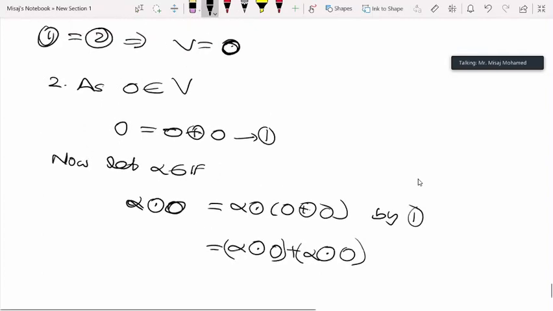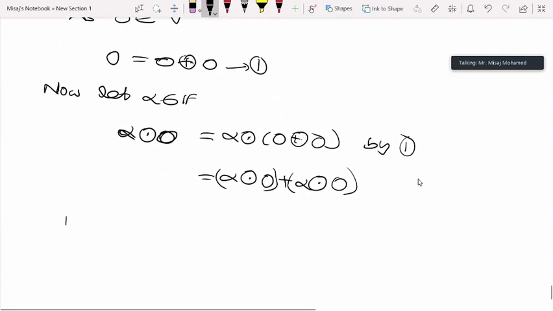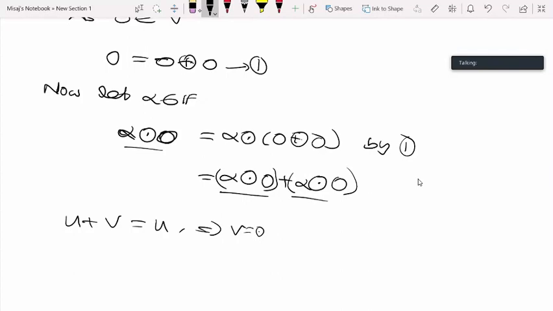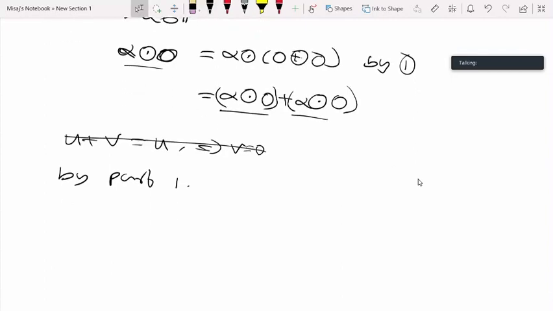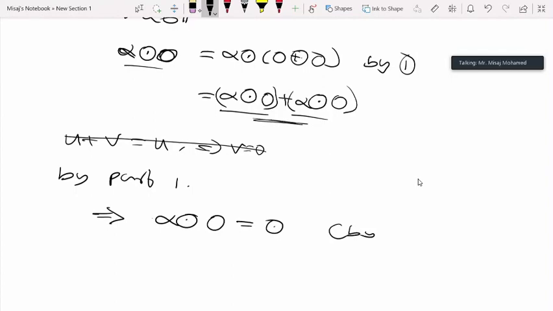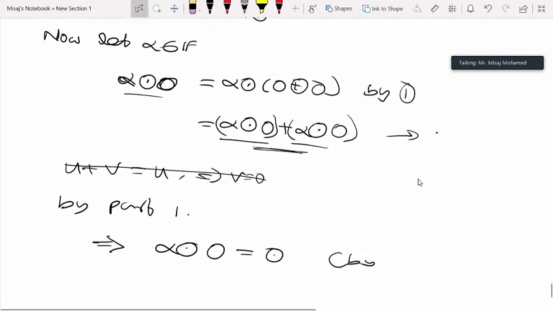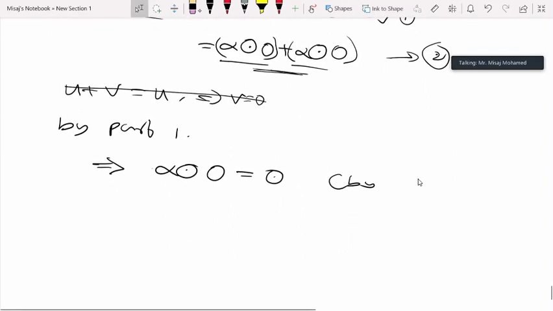So right, by the first part, u plus v is equal to u implies v is equal to 0. Similarly in here, by the first part, we can say that alpha dot 0 is equal to 0, by equation number 2.